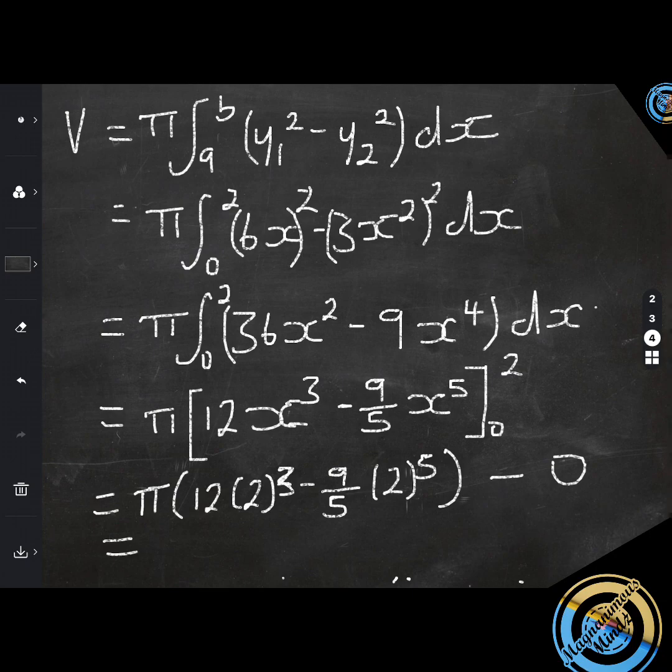If we punch this into the calculator, we get pi times 12 times 2 cubed minus 9 over 5 times 2 to the power 5. This gives us 120.637 units cubed. And that's it for this question.